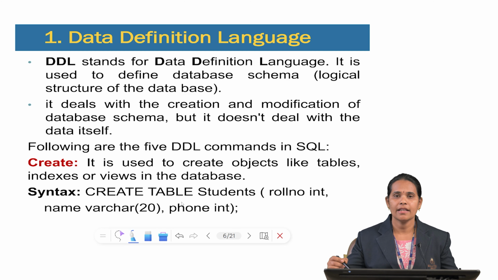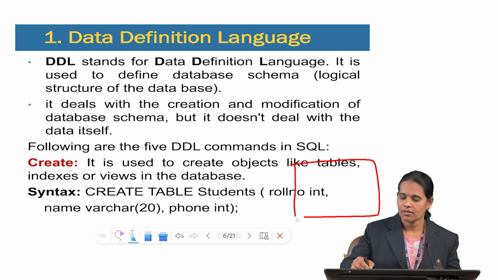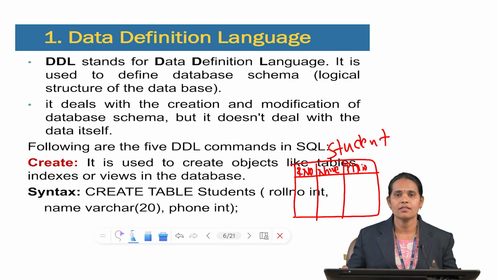So by writing this syntax, we can create the table. The name of the table is student with the following structure: roll number, name, and phone number. So this syntax is used to create the tables in the database.